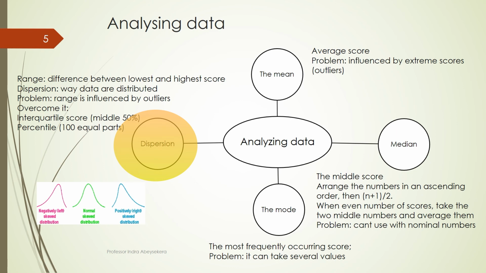When that happens, if we want to look at the mainstream data or the mainstream facts, we can look at the middle range of the facts, or we ignore the outliers, the extreme values, or we can break into 100 parts and then decide the extreme ones and leave them out and then analyze the mainstream distribution.